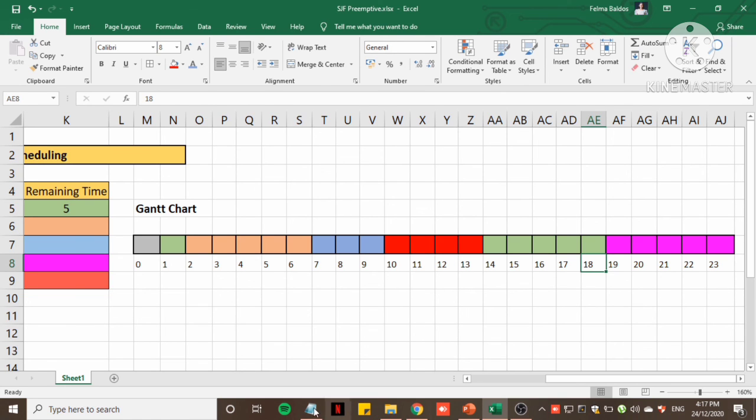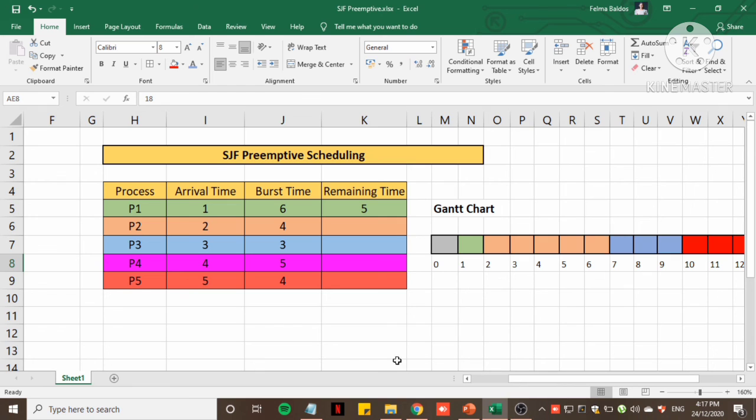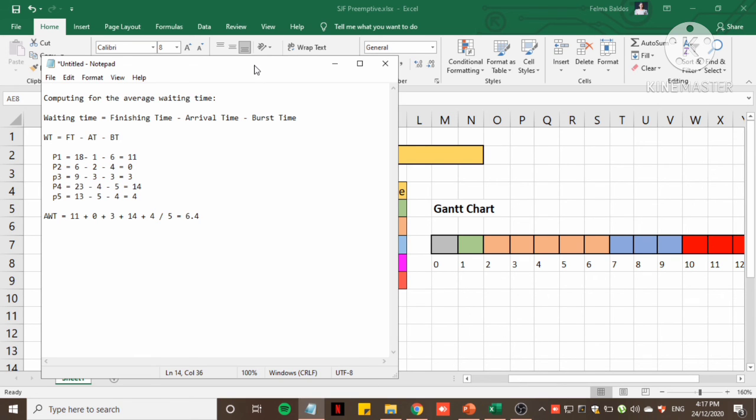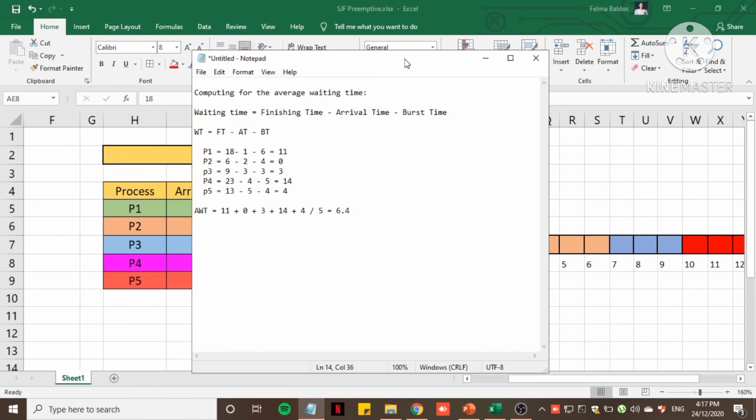So now, let us compute the average waiting time. The average waiting time is computed by adding all of the waiting times of all the processes and dividing by the number of processes.